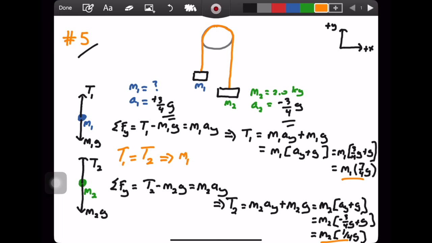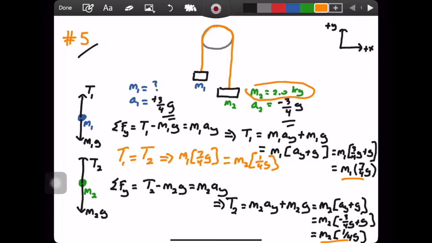the first mass times 7/4 G equals, remember that's T1, the second mass, M2, times 1/4 G. And remember, we are told what the second mass is.